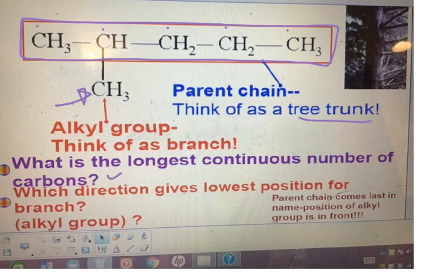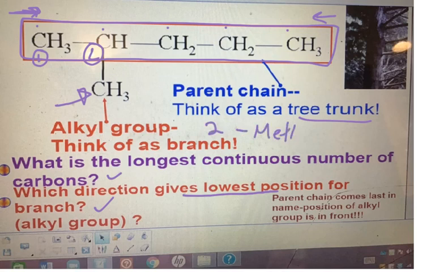Now another question is, which direction gives you the lowest position for your alkyl group? You can come from this direction, or you can come from the opposite direction. But we see counting from left to right, we're going to get position 1 here, position 2 there. So how would I name this? I would simply call it 2-methylpentane.